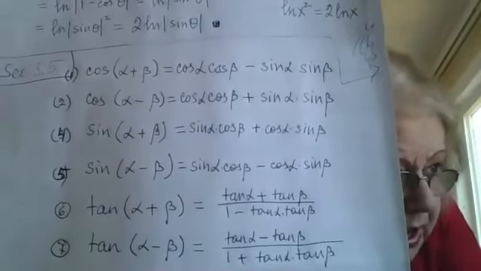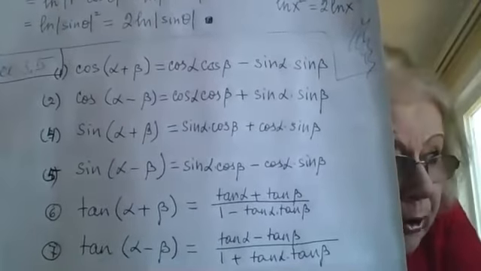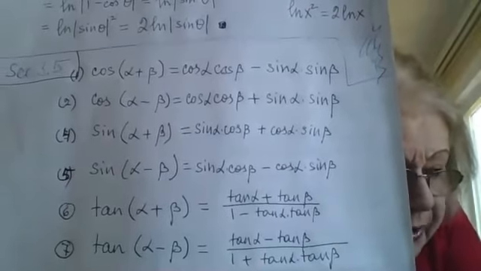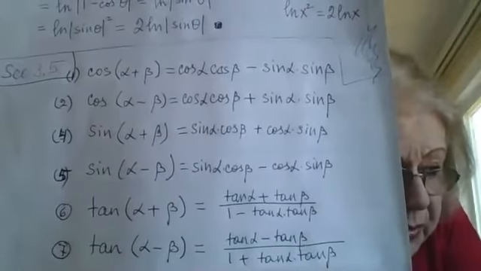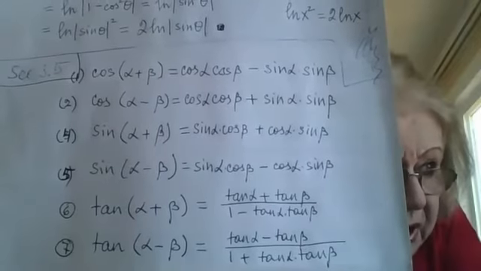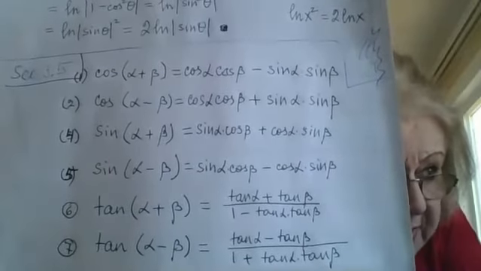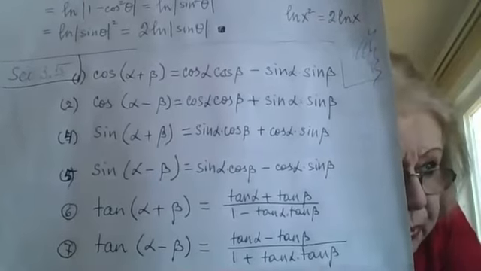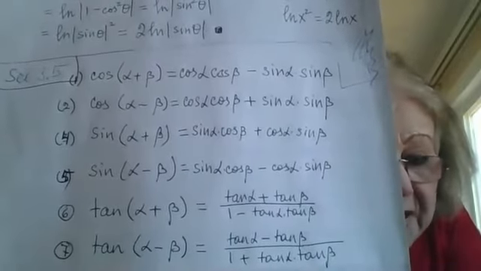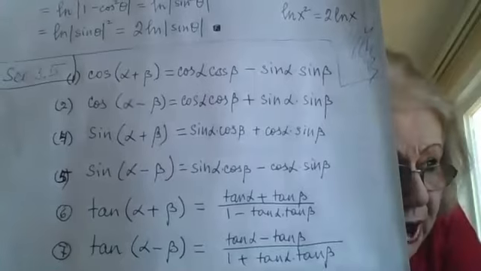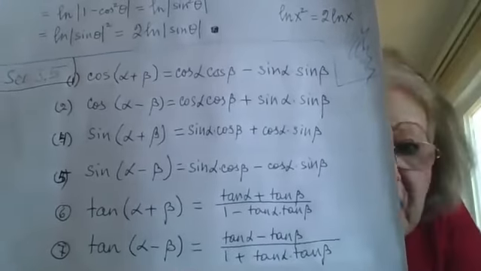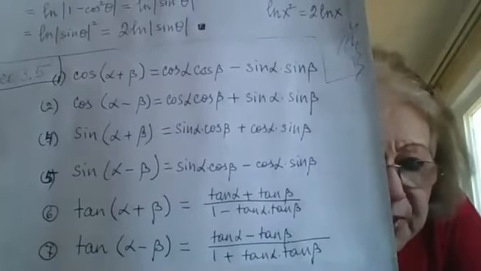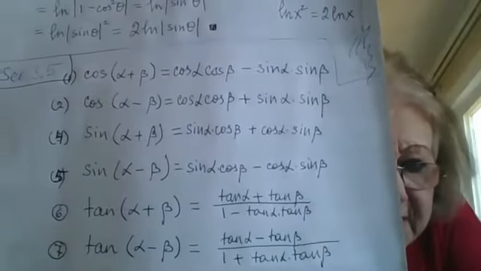How can you memorize that formula? First, both are equal to fractions. Both on the top have tangent alpha and tangent beta, but if you have tangent of alpha plus beta, as in formula 6, on the top, you have the sum of two tangents. On the top and on the bottom of each of these formulas, you have different signs. On the top, you have a sum. On the bottom, you have a difference in 6.